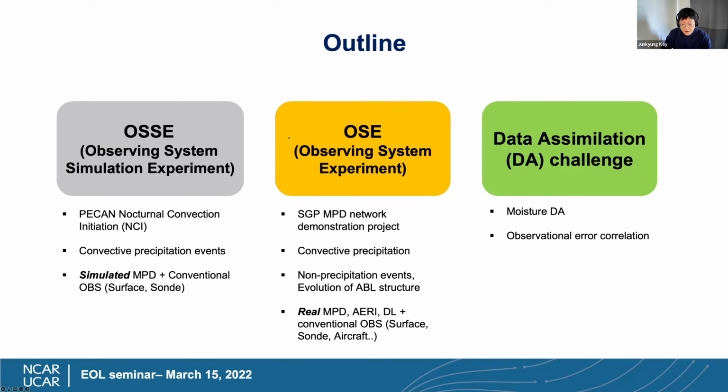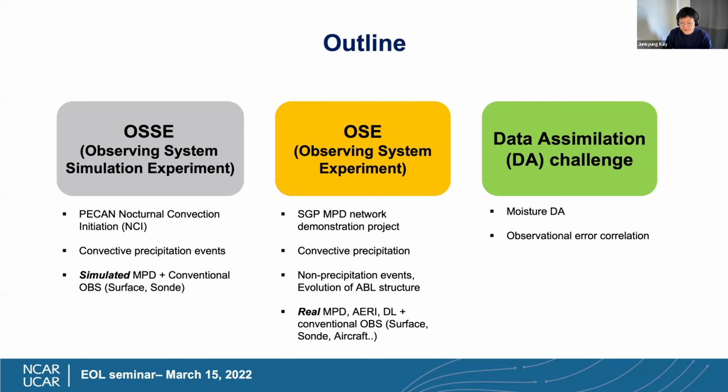Before we build the observation network, we would like to evaluate the potential impact of this observation in advance. So we generate a simulated true state, which is a very realistic and accurate atmosphere. From this simulated true state, we can make an observation data set and assimilate it to know its impact.